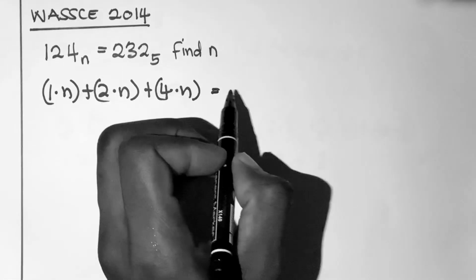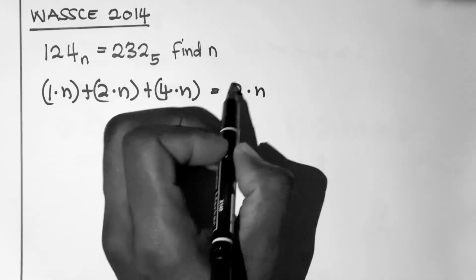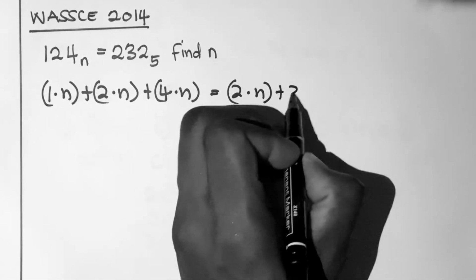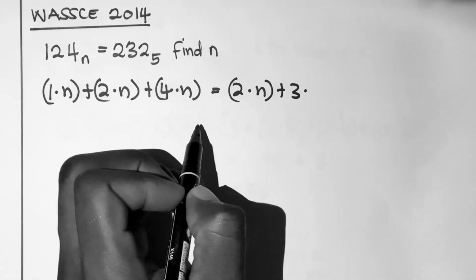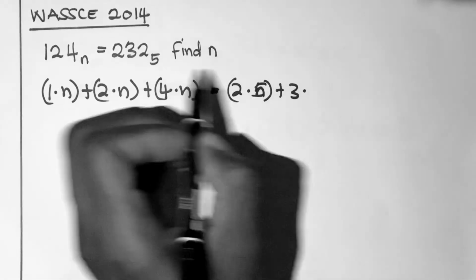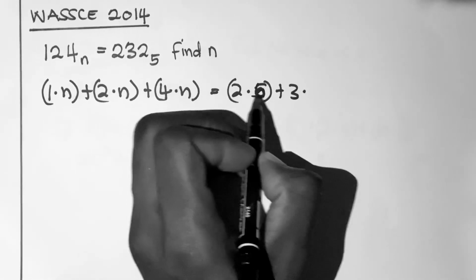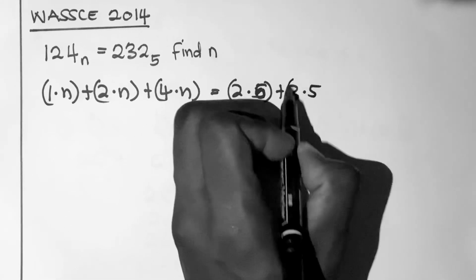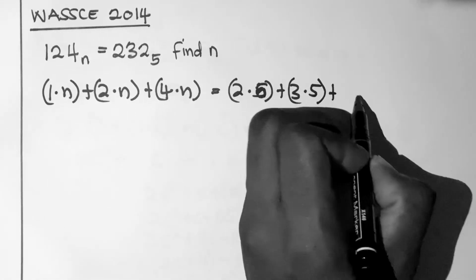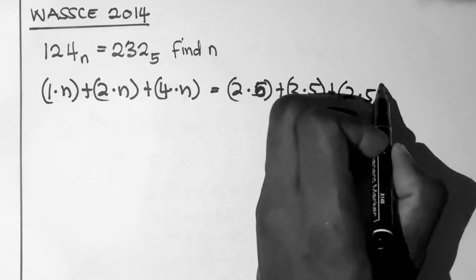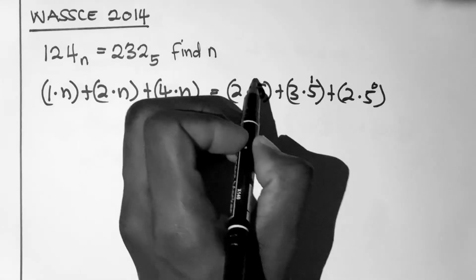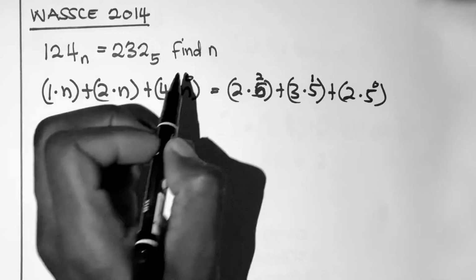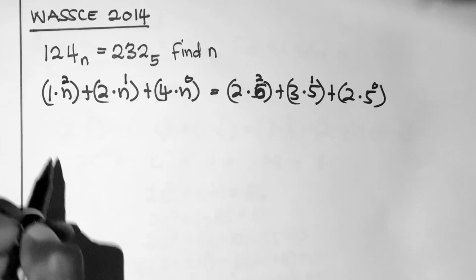This is equal to 2 times 5, sorry, the base here is 5. Then plus 3 times 5. Then plus 2 times 5. So here is 0, 1, 2. Here's also 0, 1, then 2.